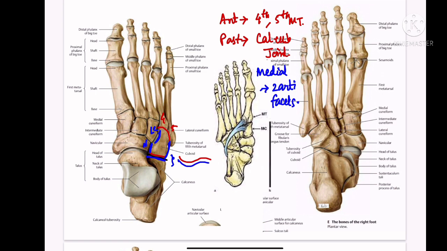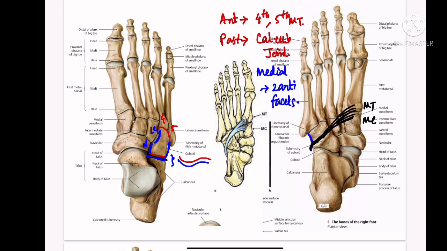Lateral surface, just opposite it. This is the lateral surface. It is small and it is grooved by the tendon of peroneus longus. Now peroneus longus winds around the lateral surface and passes through a groove on the plantar surface, and then it spreads like this for its ultimate insertion on the medial cuneiform and the base of the first metatarsal.